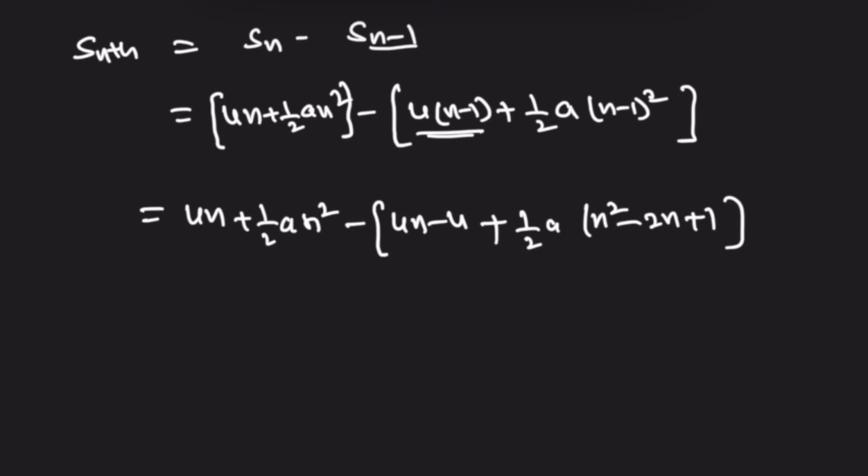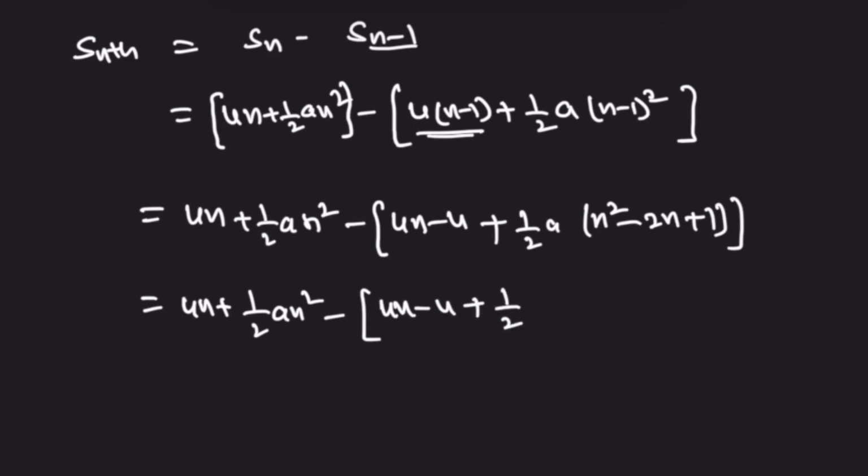Next, I multiply half a with all these terms: half a n square minus half a into 2n, so 2 cancels and we get minus an, and half a into 1, that is half a.